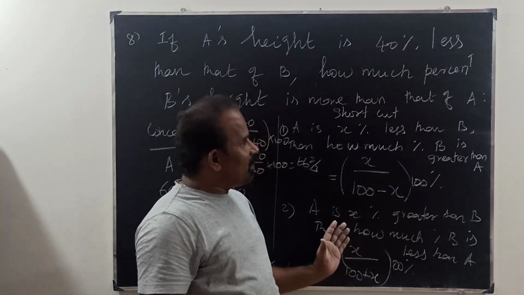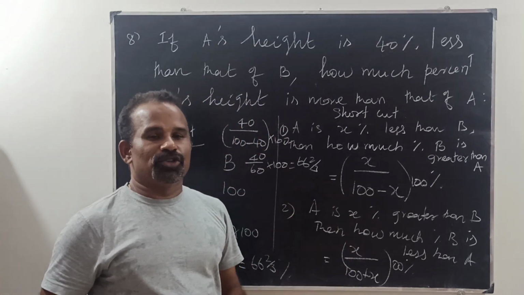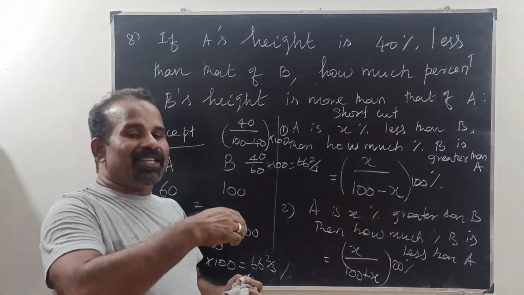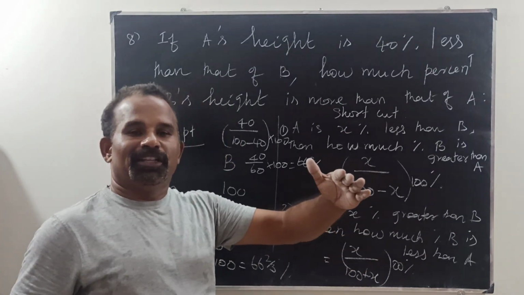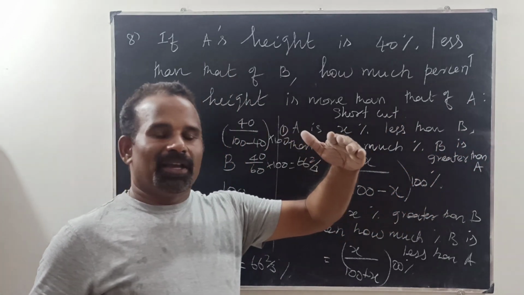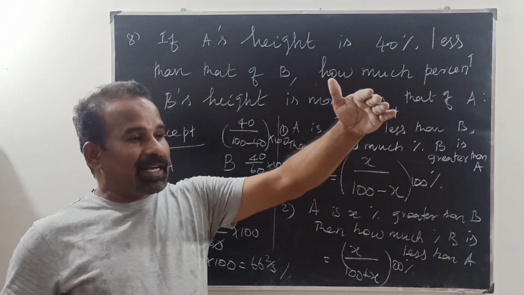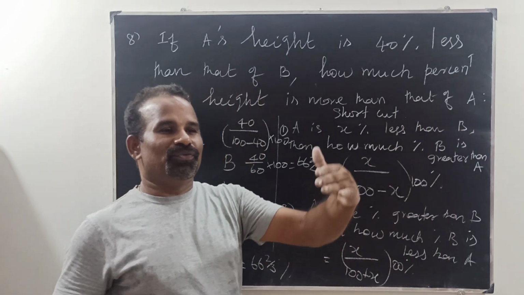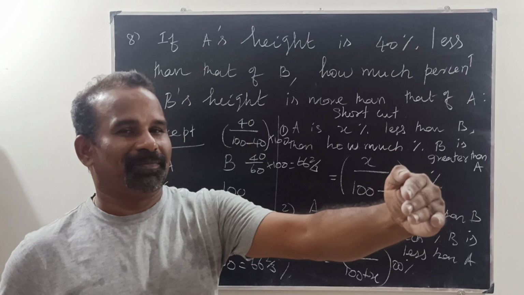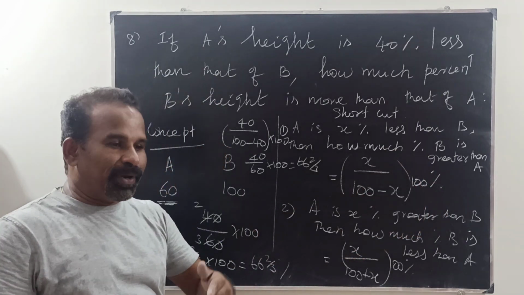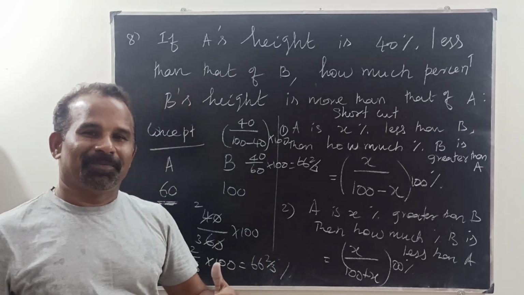The same logic is applied if the price of the commodity increases, then the consumption automatically decreases whenever the expenditure is same. We are not able to spend more or less.